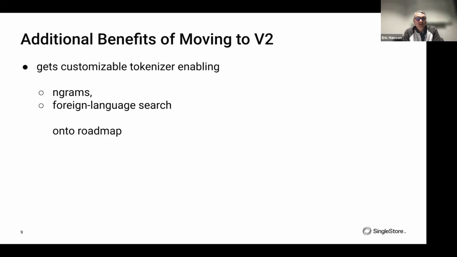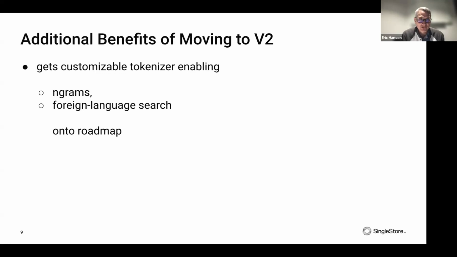So there are also some additional benefits of moving to version 2 for us and eventually for our customers, which is that it allows us to introduce customizable tokenizers more easily. The tokenizer is the piece of code in a full text system which takes the documents and breaks them up into words, basically, or tokens.